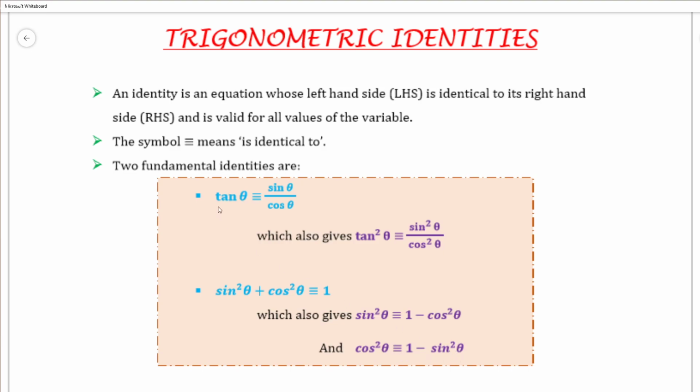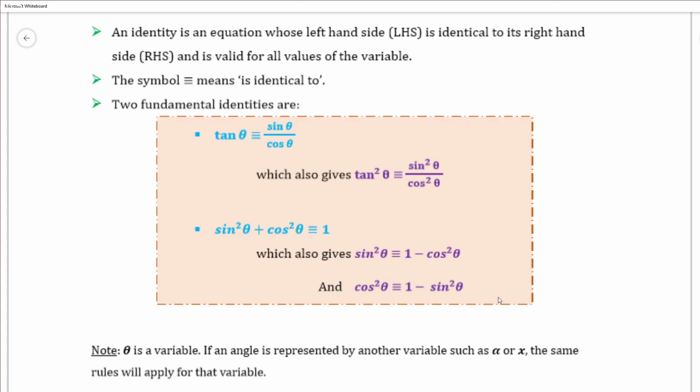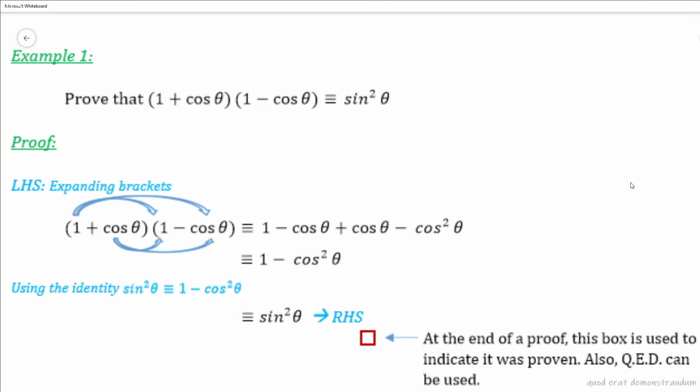So these identities which we have looked at, our two main ones written in blue, and these that we have in purple, which have been derived from the two in blue, are very, very important when proving identities. And the point to note is that theta is a variable, and if any other symbol is used to represent the angle, whether it is alpha or x or anything else, the same rules would apply for the identities.